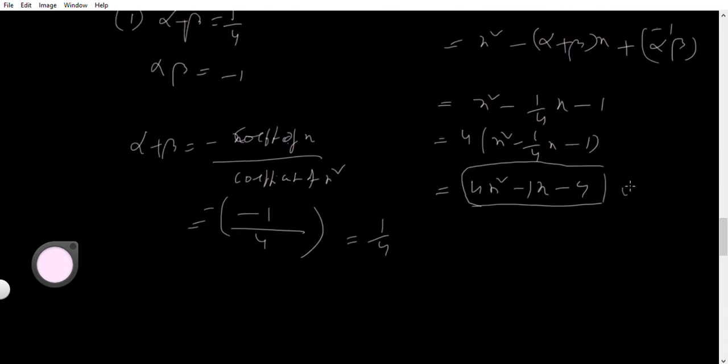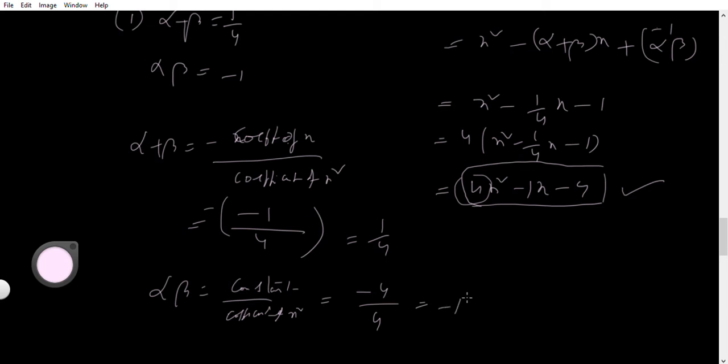Therefore, this is my quadratic polynomial whose sum of zeros is 1 by 4, and for the product of zeros, we take the constant by the coefficient of x square. So the constant is minus 4, divided by the x square coefficient, which is 4, that is equal to minus 1.